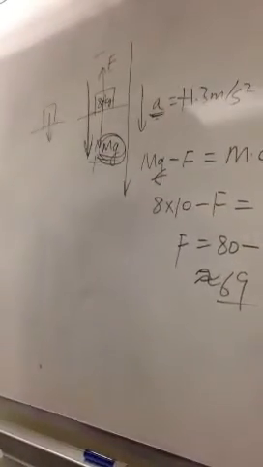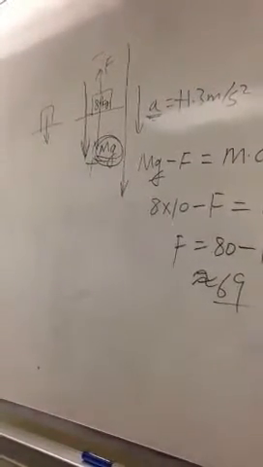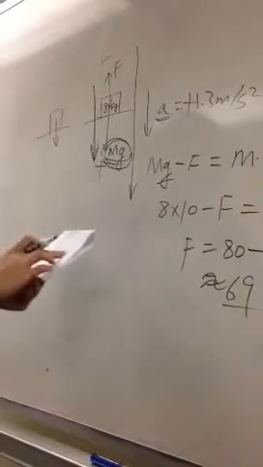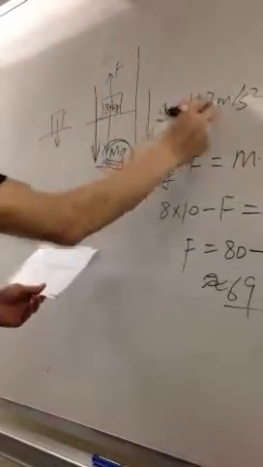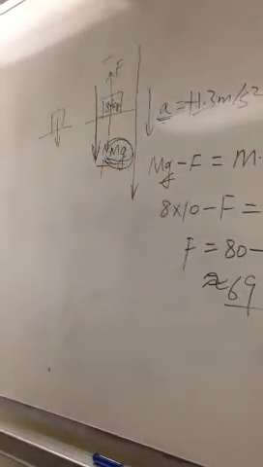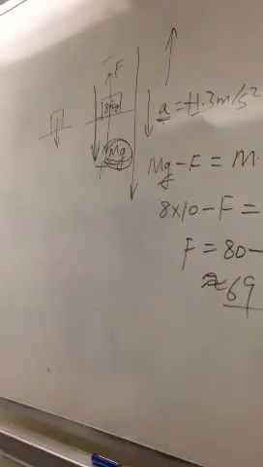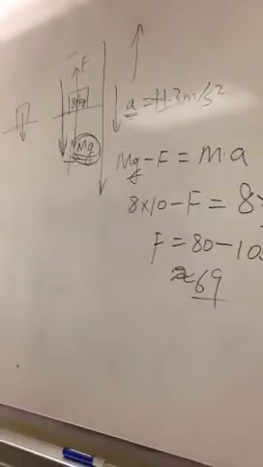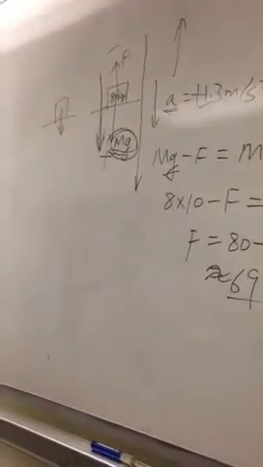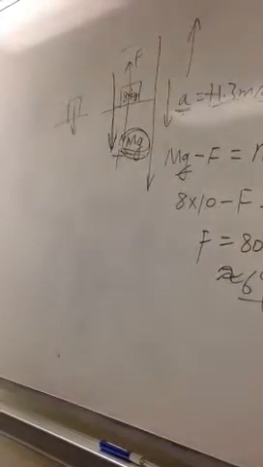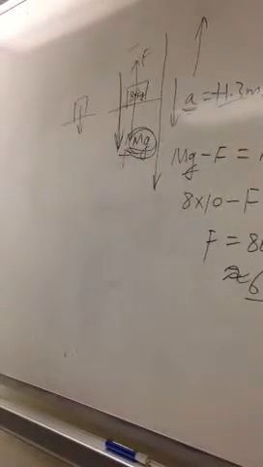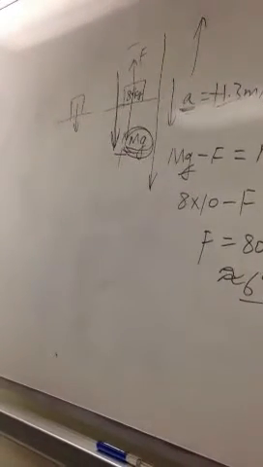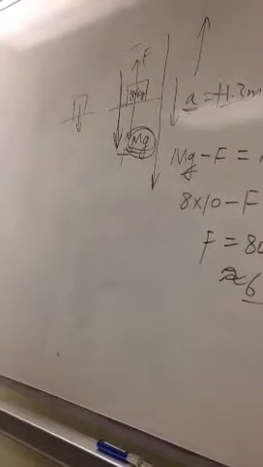Does it matter? Yeah, of course. Does it matter which way do we? For example, if they say the acceleration is upward, 1.3, is upward. Of course, we will calculate differently. The acceleration will go in the same direction as the force, as the total force.